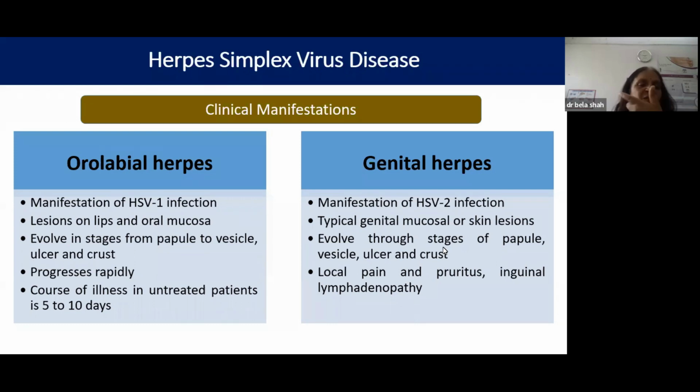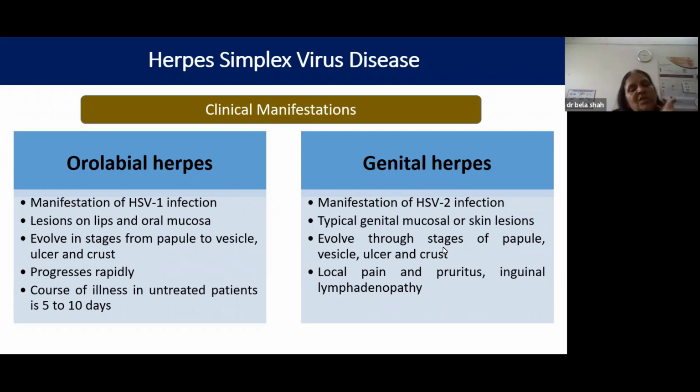It's very common to see patients developing herpes labialis. Lesions are typically seen in and around oral mucosa, that is lips, and then there are papule, vesicle, ulcer, and they heal by themselves, and the disease gets over by 2 to 7 days in an immunocompetent host.